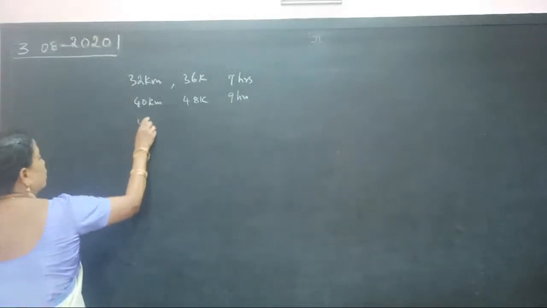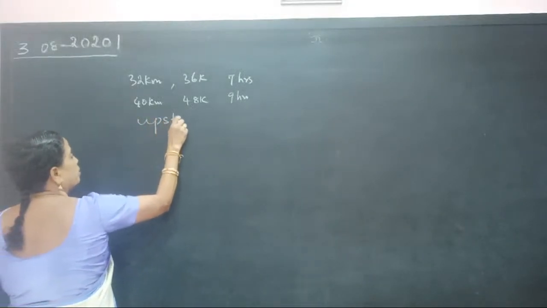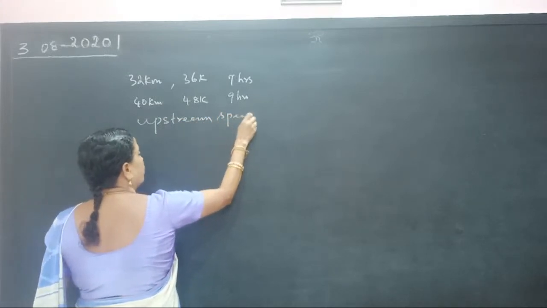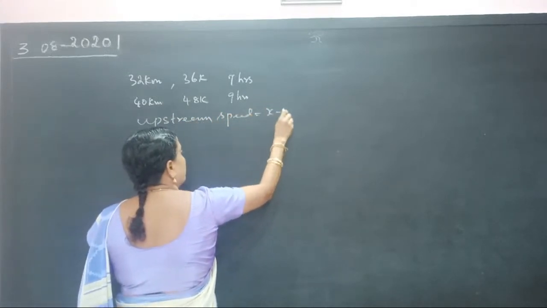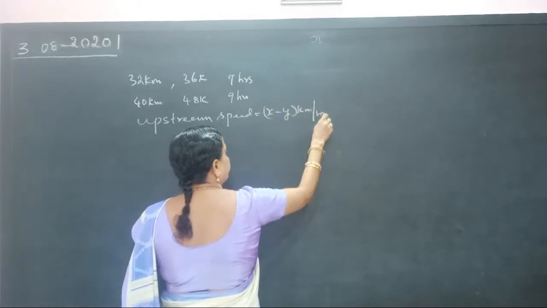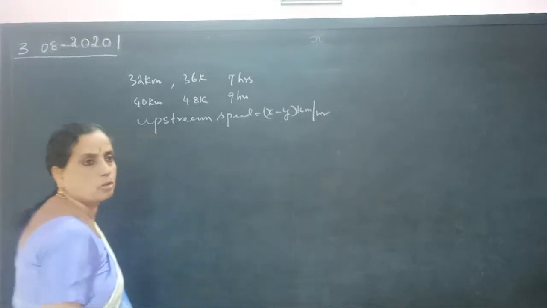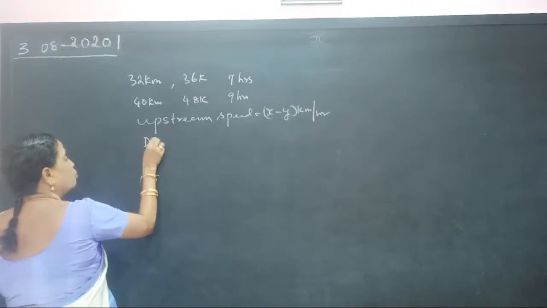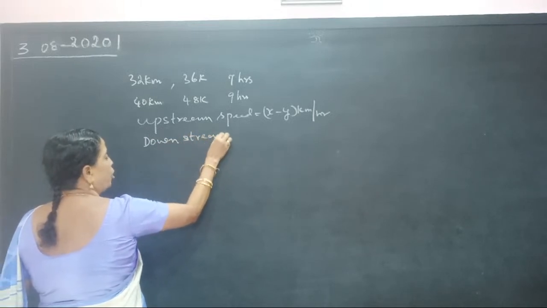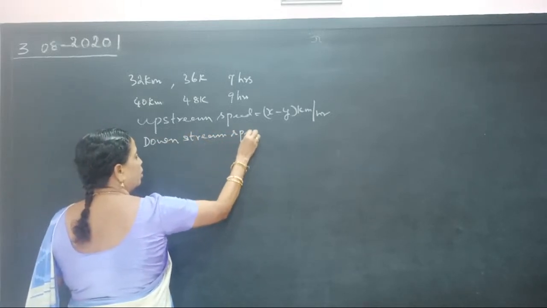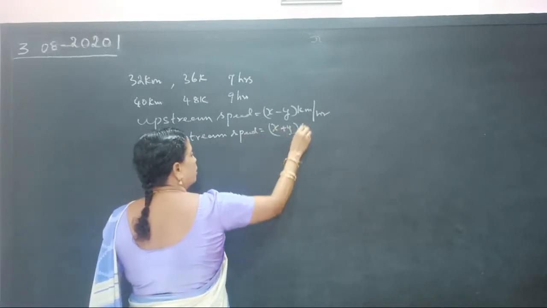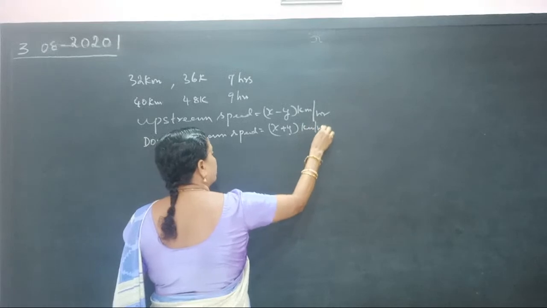Therefore, upstream speed we consider x minus y kilometer per hour. Downstream speed is always x plus y kilometer per hour.